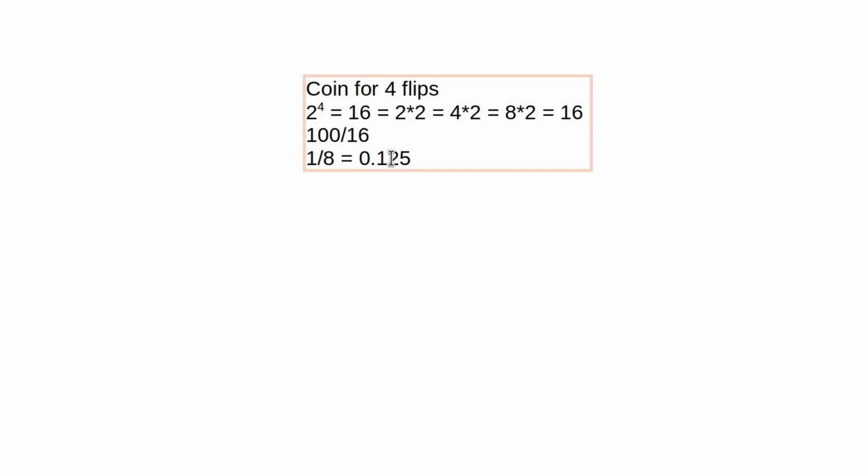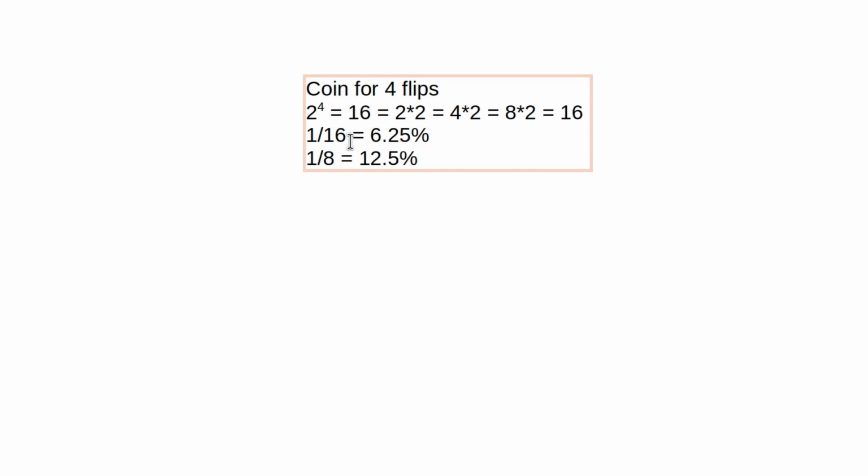So you have to multiply this number by 100, or you can do it in the beginning right here and turn this one into 100 over 16 instead of 1 over 16. So you multiplied that 1 by 100. So then, since we know what 1/8 is, 1/16 is actually half of 1/8.